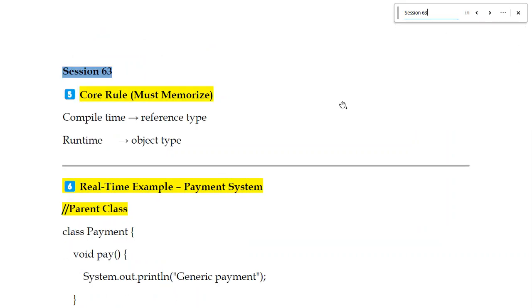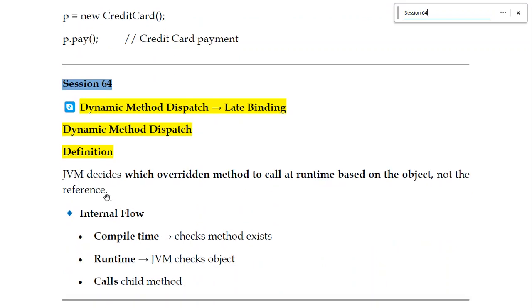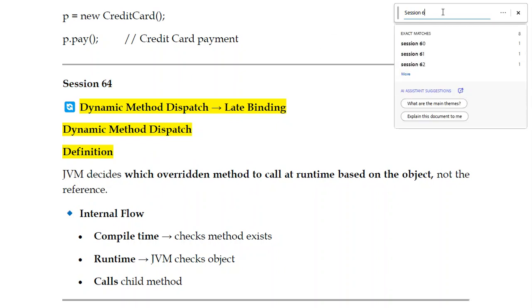The JVM decides which overridden method to call at runtime based on the object, not the reference. Dynamic method dispatch is just a process or mechanism. The JVM decides which overridden method to call at runtime based on the object. So this is the important thing.